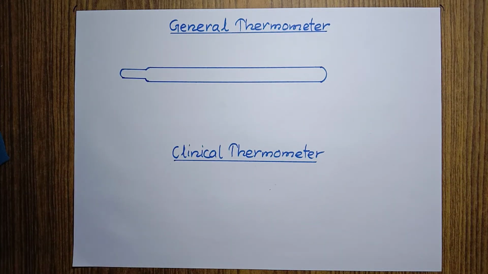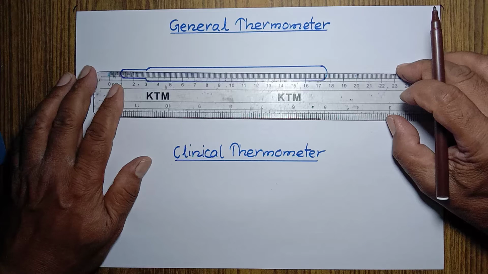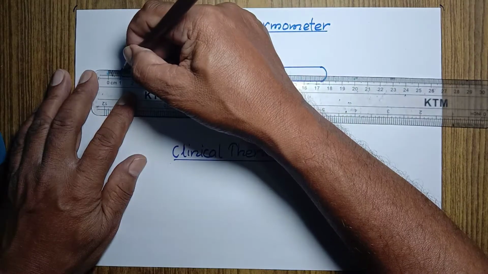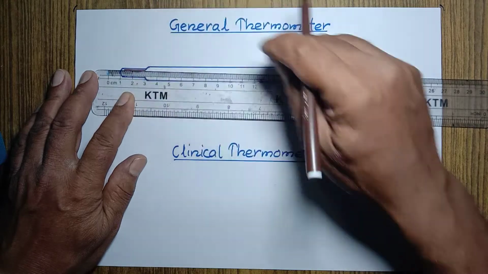Okay, now inside the glass ball there is mercury. We know this, and that's why I'm going to make the glass ball nicely. Look at this, this is the ball.